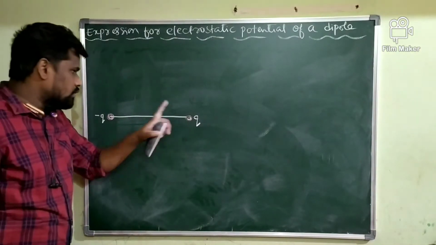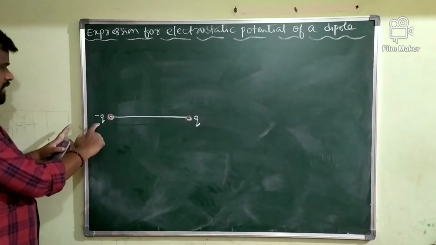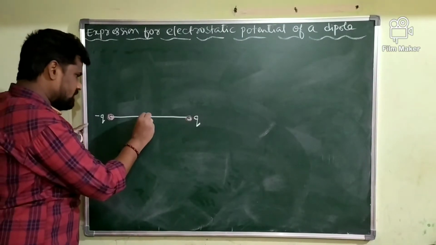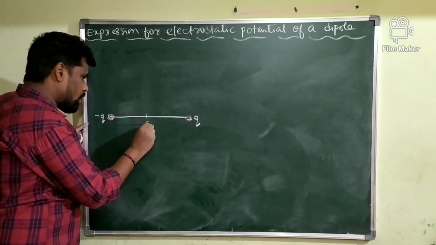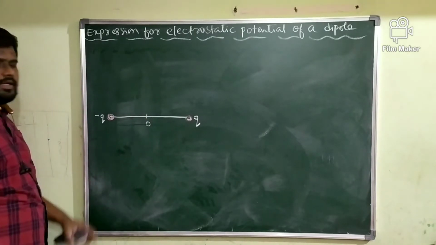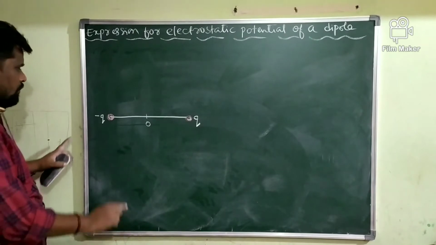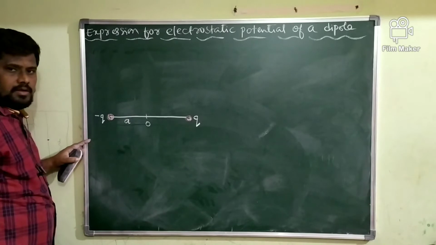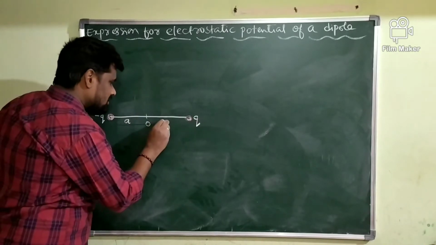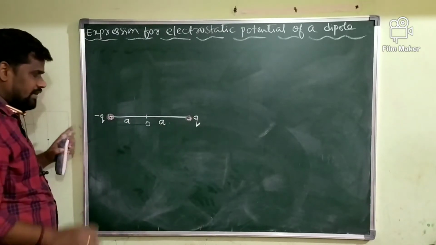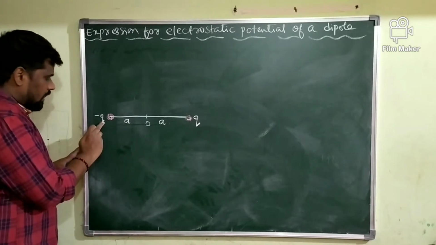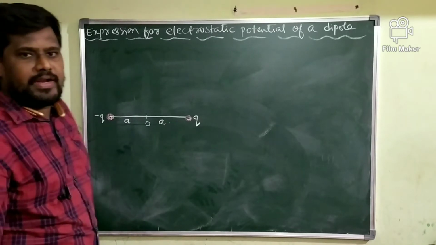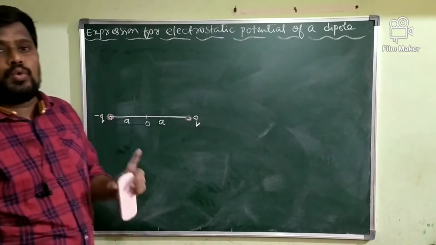This is center O of a dipole. From center, the first charge is at a distance of a, and the second charge is also at a distance of a, so that the total distance between negative and positive charge of a dipole is 2a.